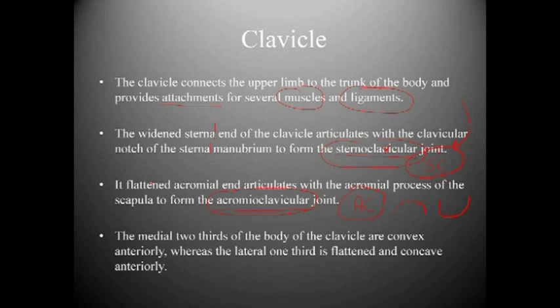So basically, the sternum does something like this, with this being anterior and this being posterior. Something like this. And if you take your hand and trace your clavicle, you can see that the clavicle does indeed curve like this.